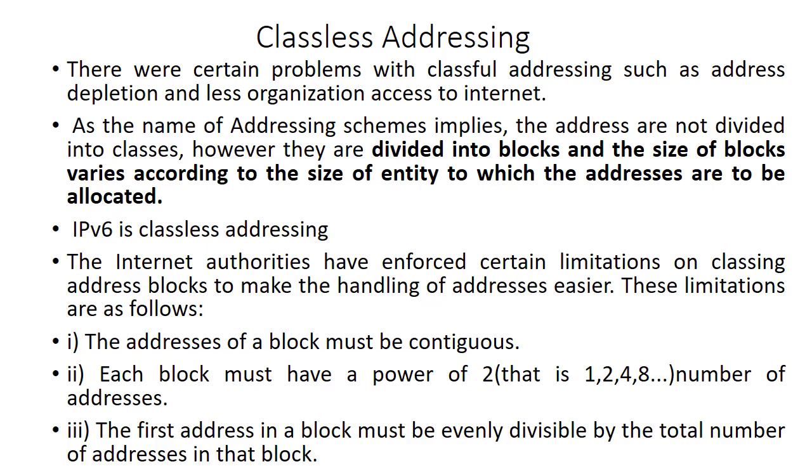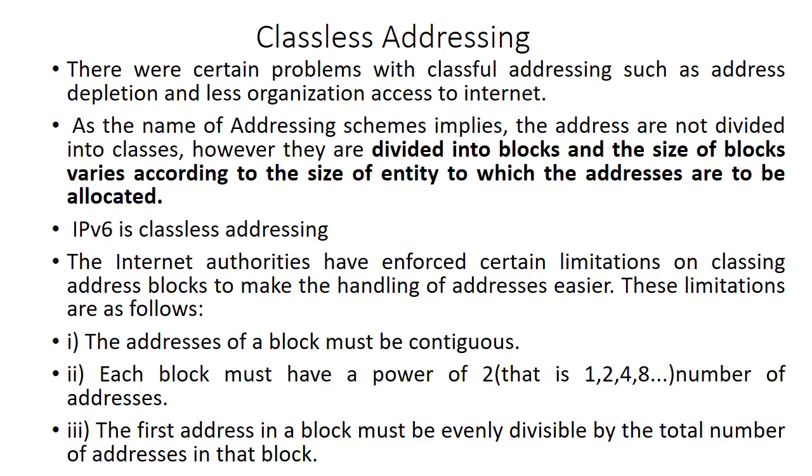IPv6 is an example of classless addressing. In order to make things easier compared with classful addressing, they made some changes. The addresses of a block must be contiguous. Rather than dividing into fixed classes, we divide into blocks, so the addresses should be in a continuous manner. The number of addresses in a block must be a power of 2, that is 1, 2, 4, 8 addresses per block.